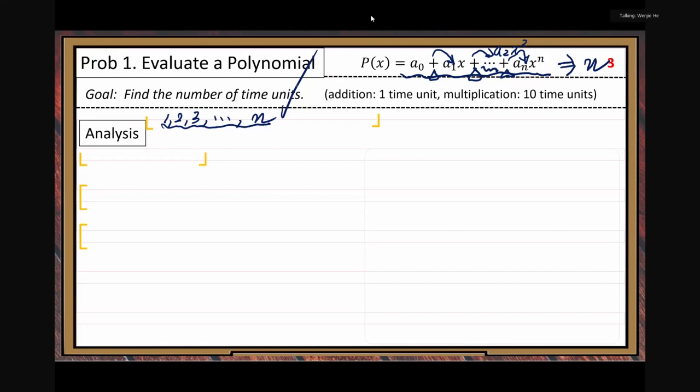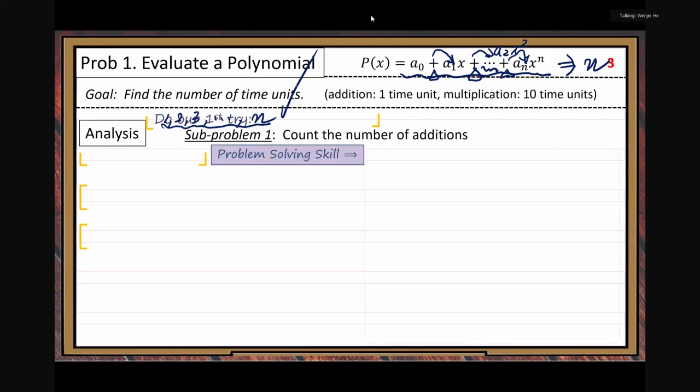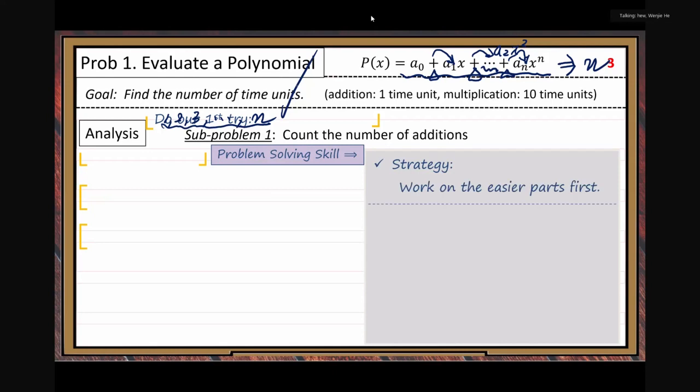After I describe it, we get the strategy here: work on the easier parts first. Because our goal, we need to count two operations, additions and multiplications.